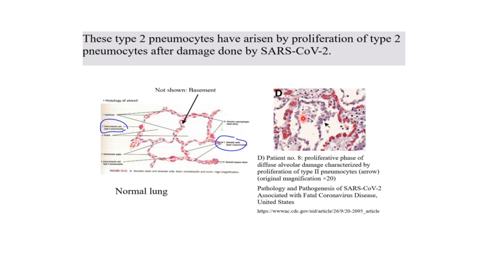And there it is, type 2 pneumocyte replicating. So these type 2 pneumocytes have arisen by proliferation of type 2 pneumocytes after damage done by SARS-CoV-2. So in this disease tissue, these type 2 pneumocytes have arisen after proliferation of type 2 pneumocytes.